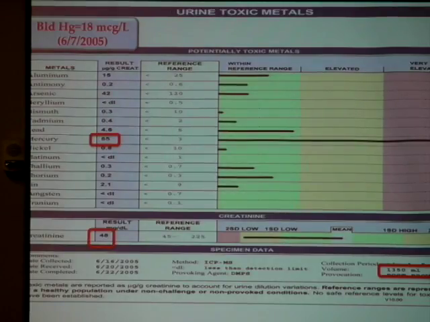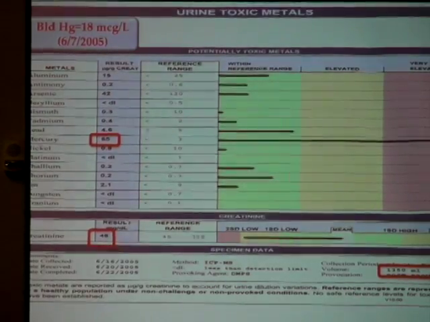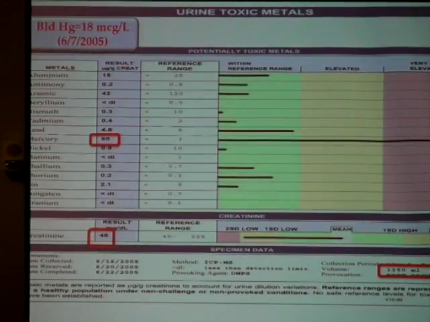And there are some individuals who have a poor ability to methylate. In the beginning, we would do these tests and treatments, and we wouldn't see anything come out on their post-provocation tests. And we came to learn that if we understand their genetics and help them methylate, their ability to excrete will be much more improved.